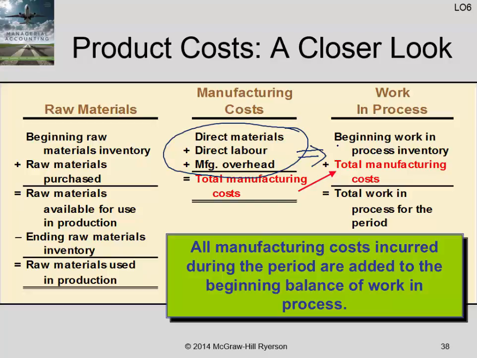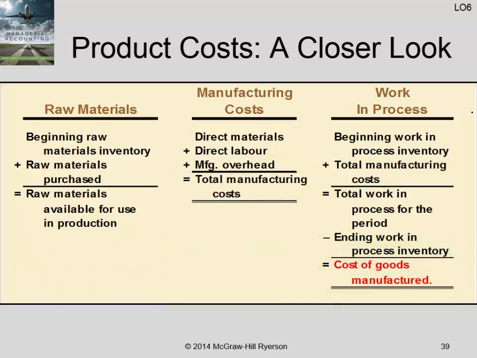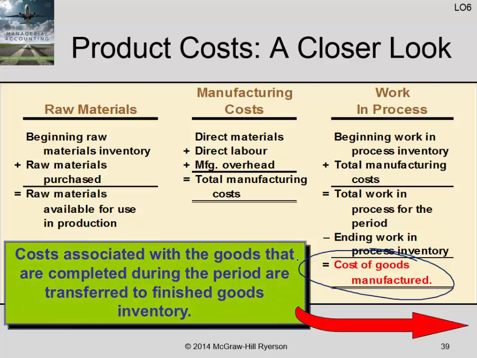They are added to whatever was in there in the first place, the beginning work in process, and that gives you the total work in process for the period. But again, some of that work in process presumably will have been finished off and be moved to finished goods. And so that becomes this cost of goods manufactured, which is a component then of the total cost involved.